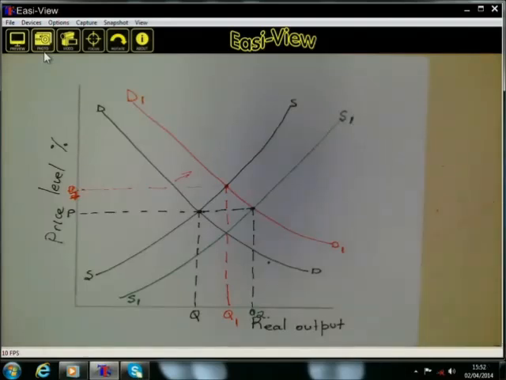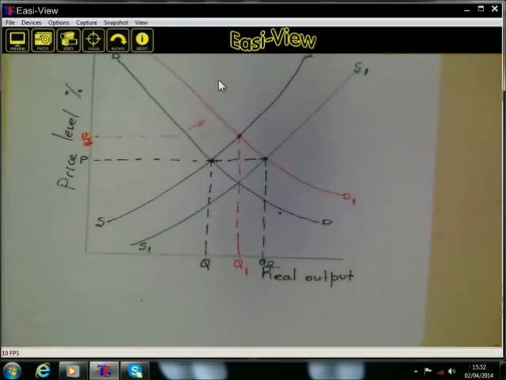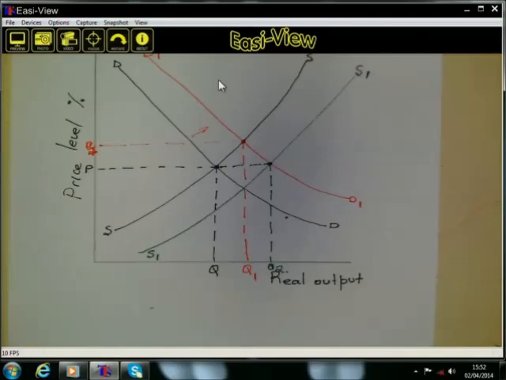So now let's look at this in practical words. What did we say then?